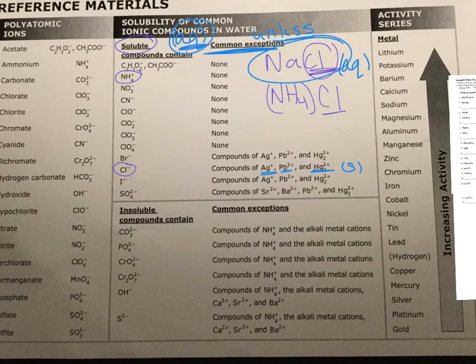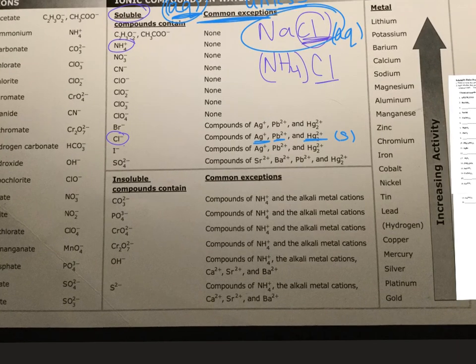The other part of our list is the insoluble list. So if the anion that you're looking at falls into this list, you're now going to state that they are solid, not soluble, but solid, meaning insoluble. This is usually where your precipitate comes from.